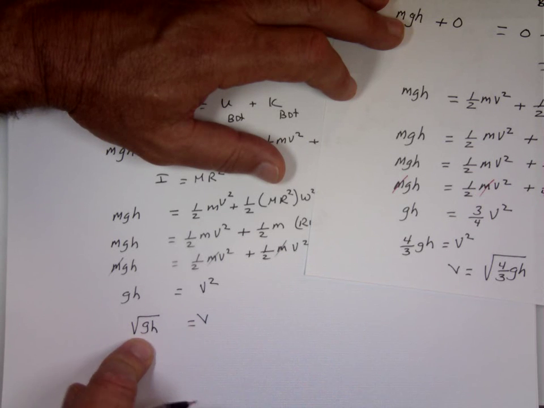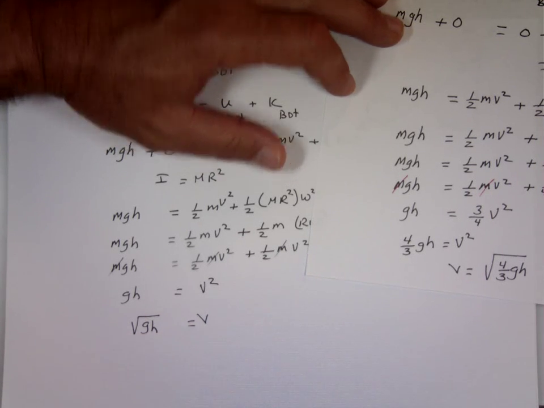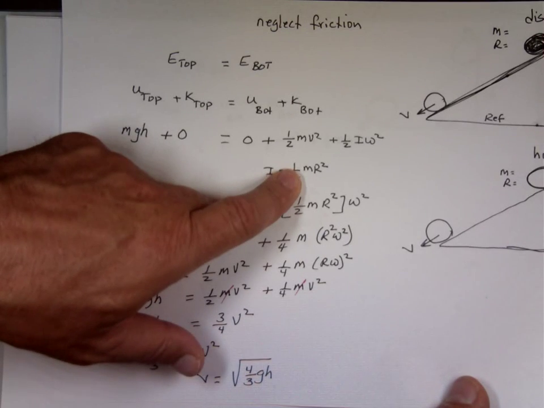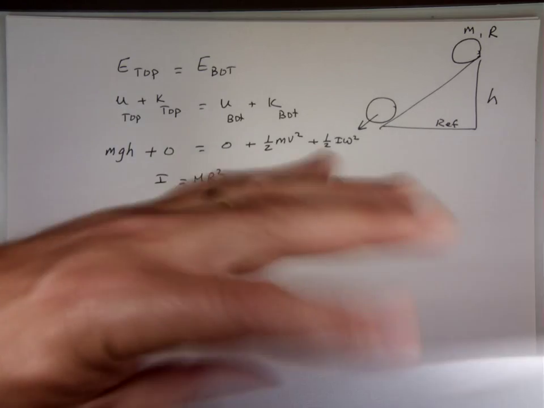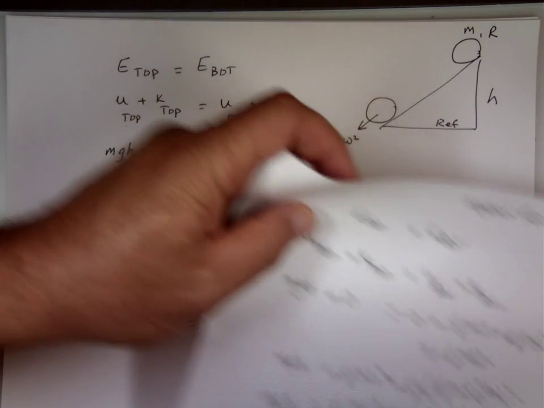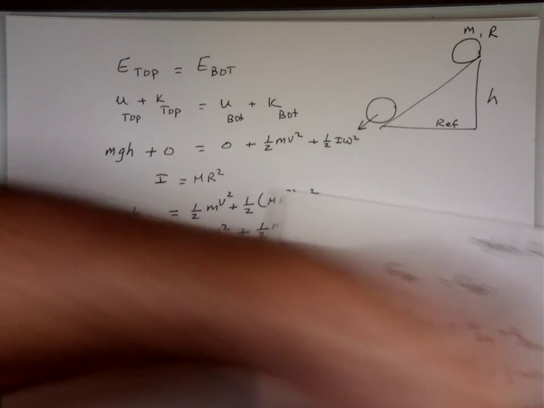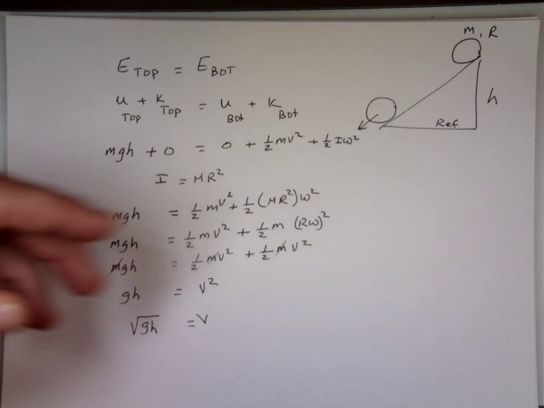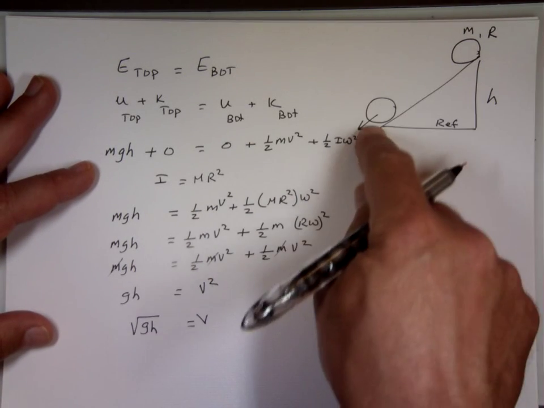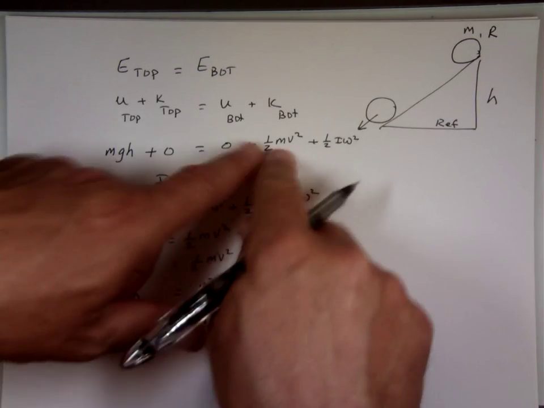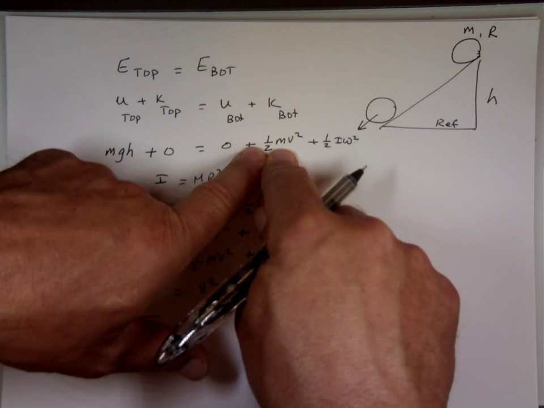The reason? Less inertia. Less inertia on the bottom as it spins, which will make the kinetic energy on the bottom larger. This one has more inertia as it spins, which makes the translational kinetic energy actually less, and that's why your velocity is smaller.